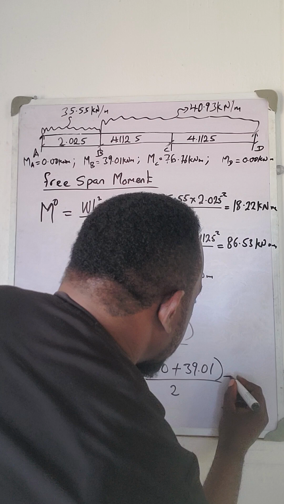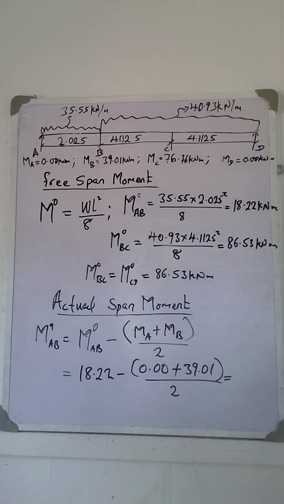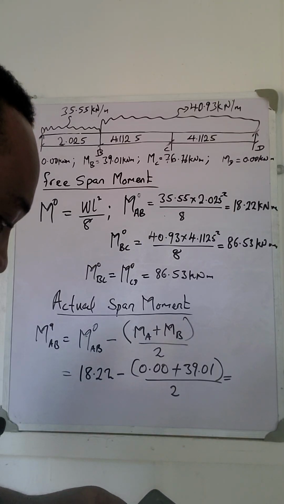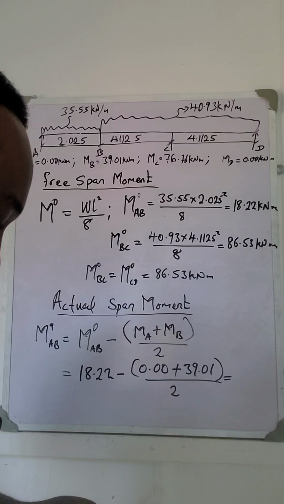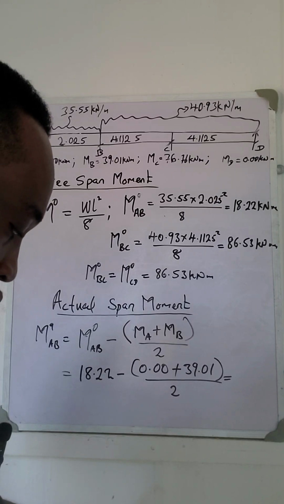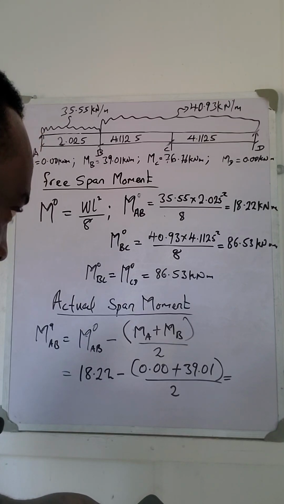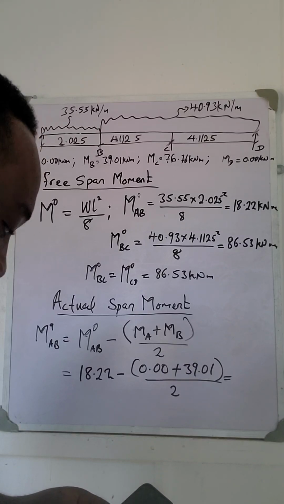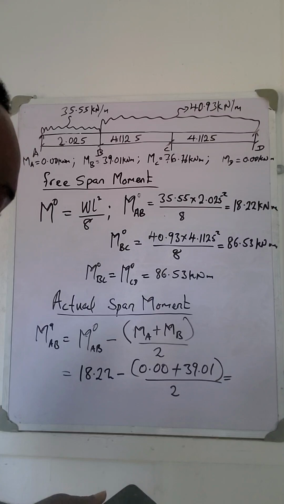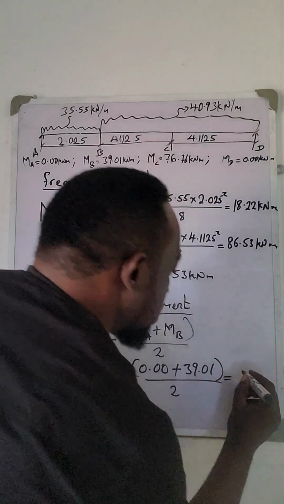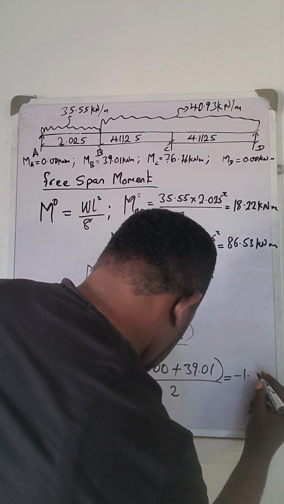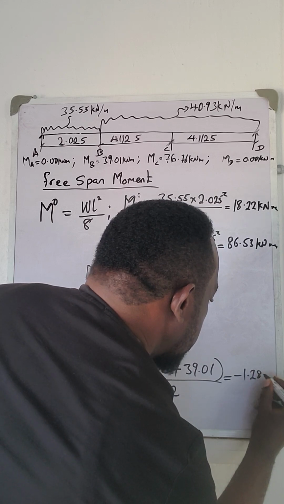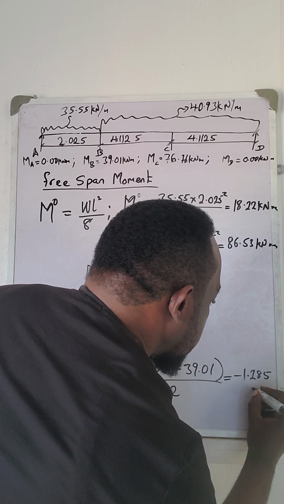When you compute, what will this give to us? We are going to have 39.01 divided by 2 minus 18.22. This one will give you minus 1.285 kilonewton meter.